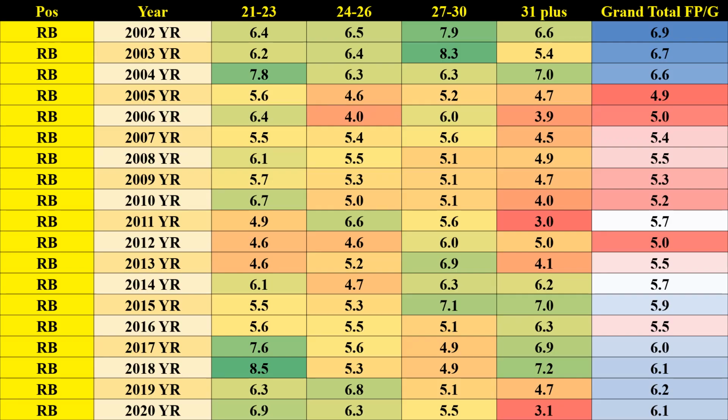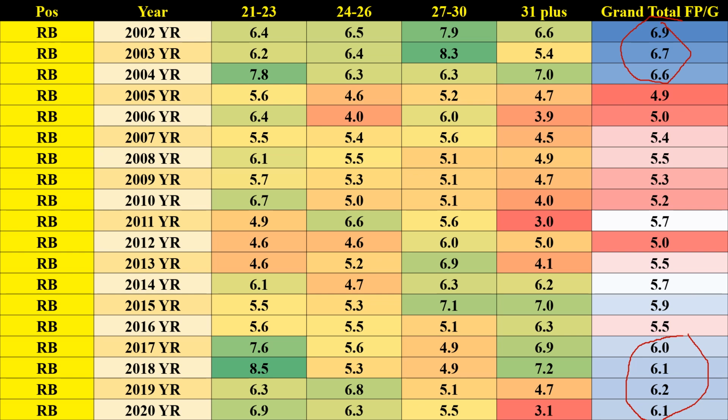So let's continue. Running back age ranks, 21 to 23, etc., all the way down. Here are the overall averages of fantasy points per game. That's why these numbers are a little small. So per game, clearly the golden age of running backs here. But for the last few years, even during COVID, the average wasn't so bad.